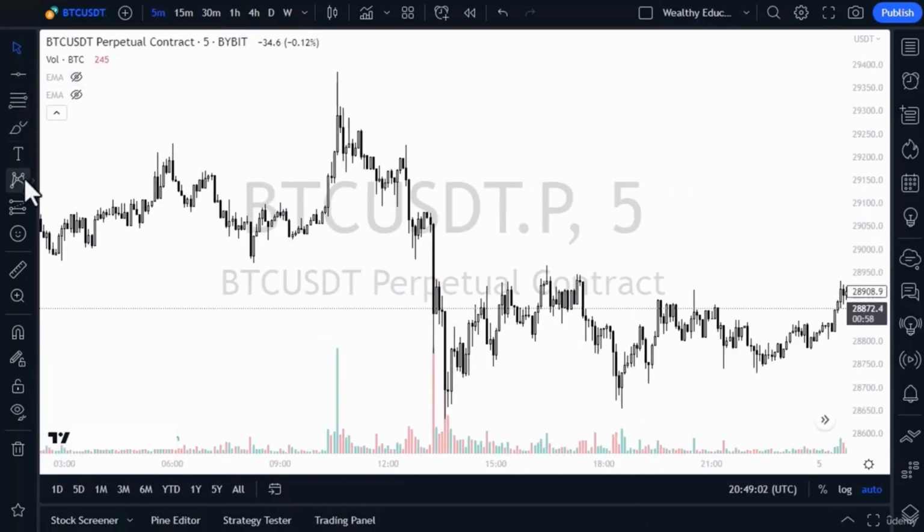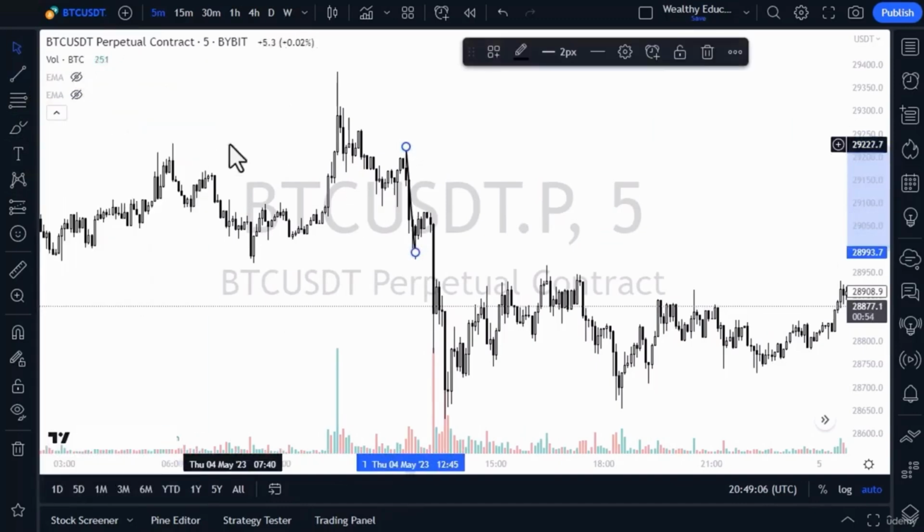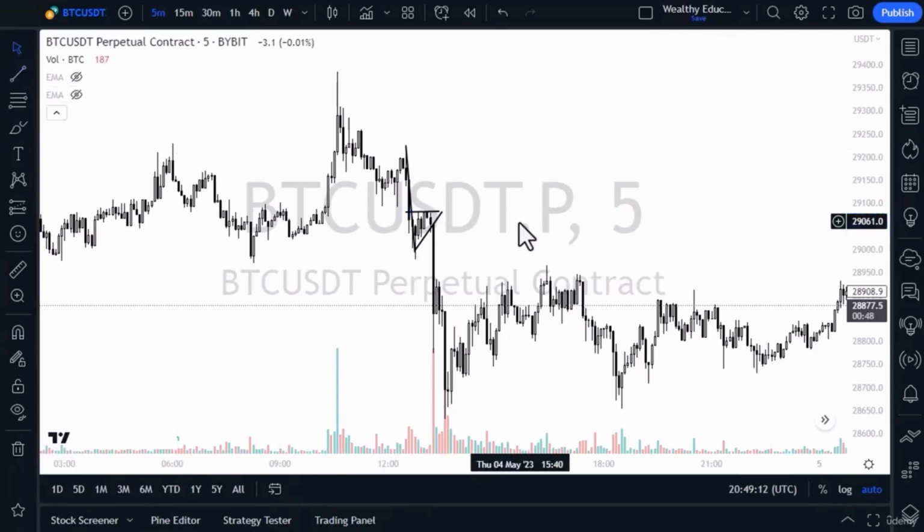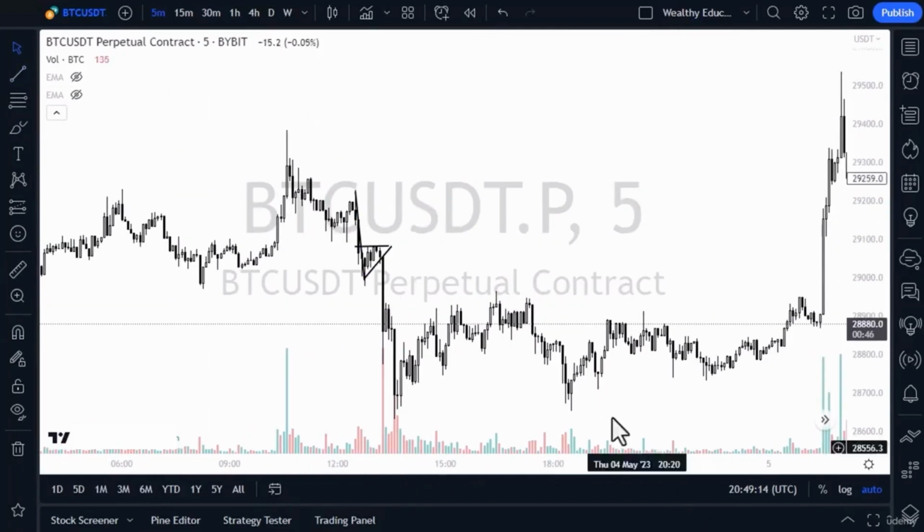So here we have a bit of a bearish pennant, just a handful of hours previously. You can see that the volume is starting to pick up a little bit on the downside.